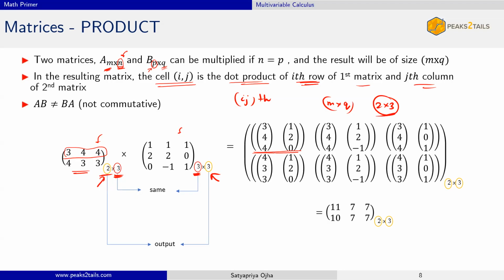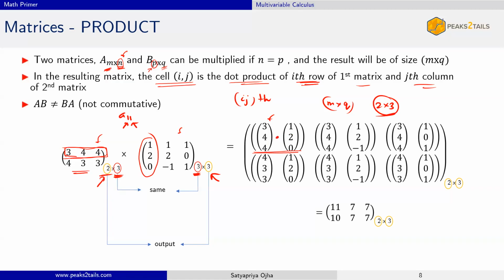That means i equal to 1, j equal to 1. I need to take the ith row from the first matrix, which is the first row of the first matrix, and the first column of the second matrix. Take these two and do a dot product. That is exactly what I've written here: 3, 4, 4 dot 1, 2, 0.